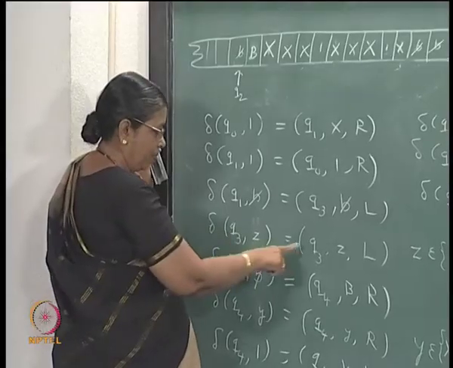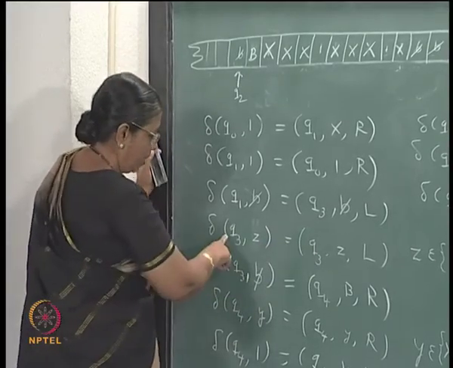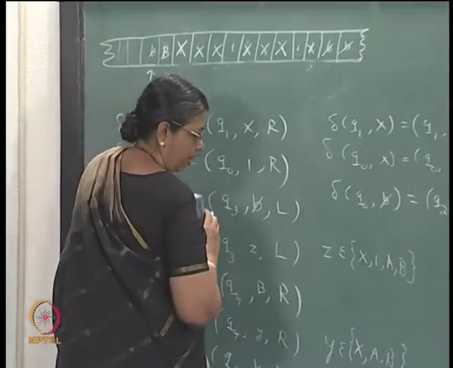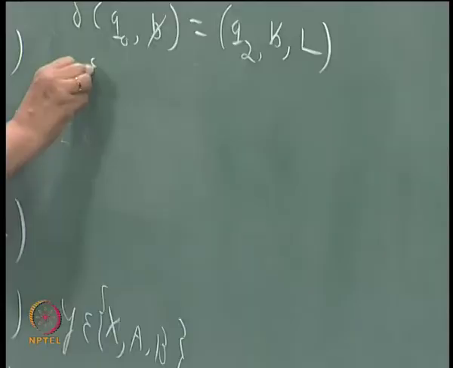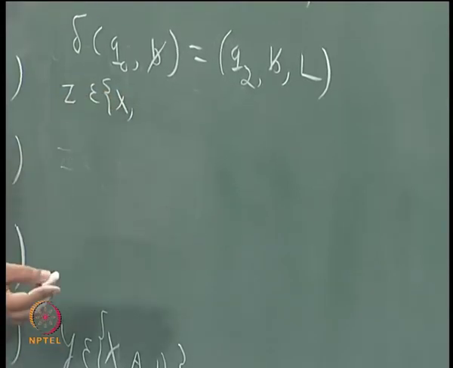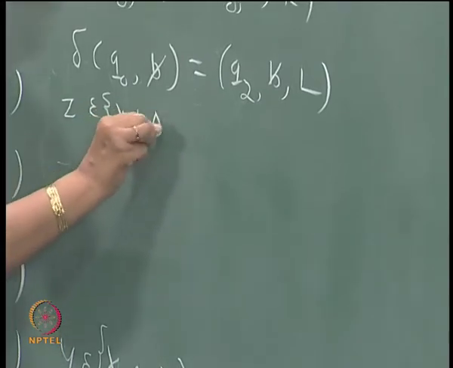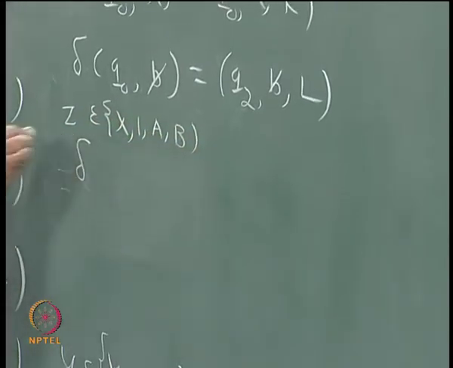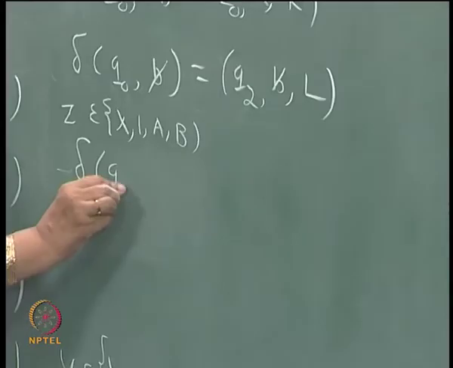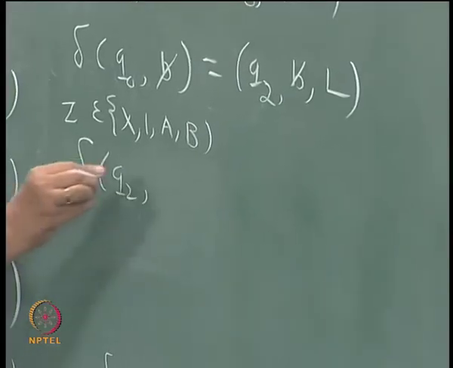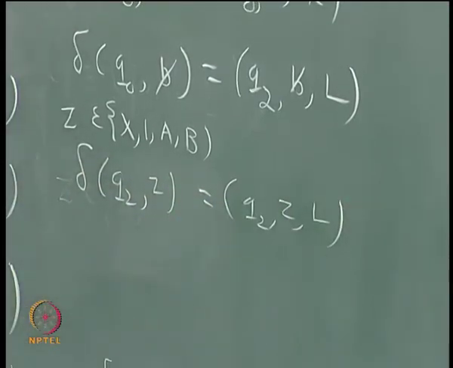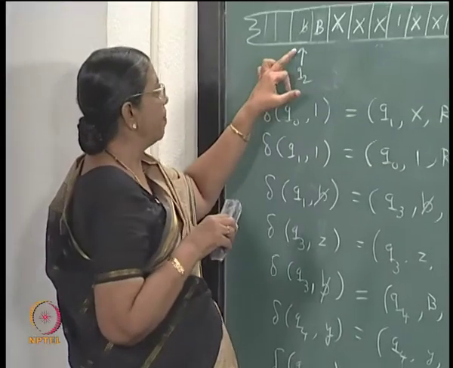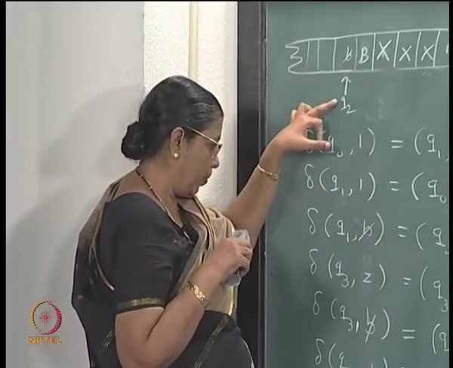So, similar to this move, Q2 Z, Z can be anything. I will write Z here. Z belongs to X, that is, 1, A, B. Now, instead of Q3, if you have Q2, Q2 Z is Q2 Z L. So, you have reached the blank symbol in Q2.